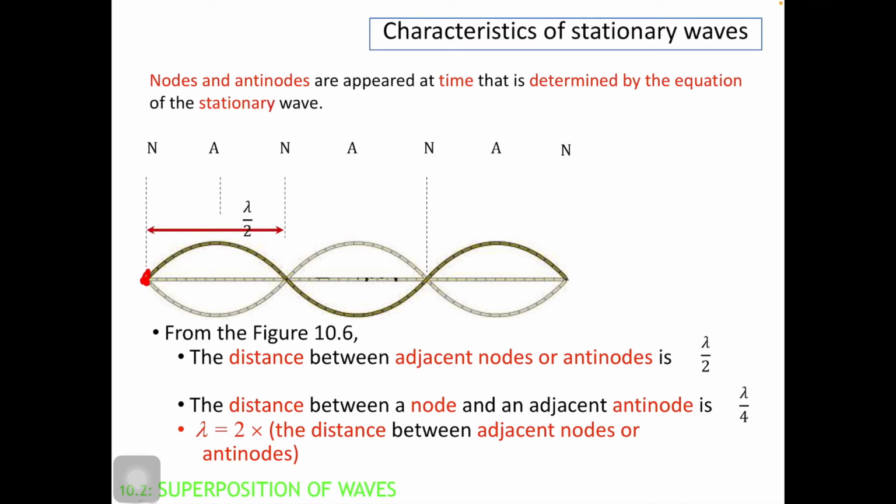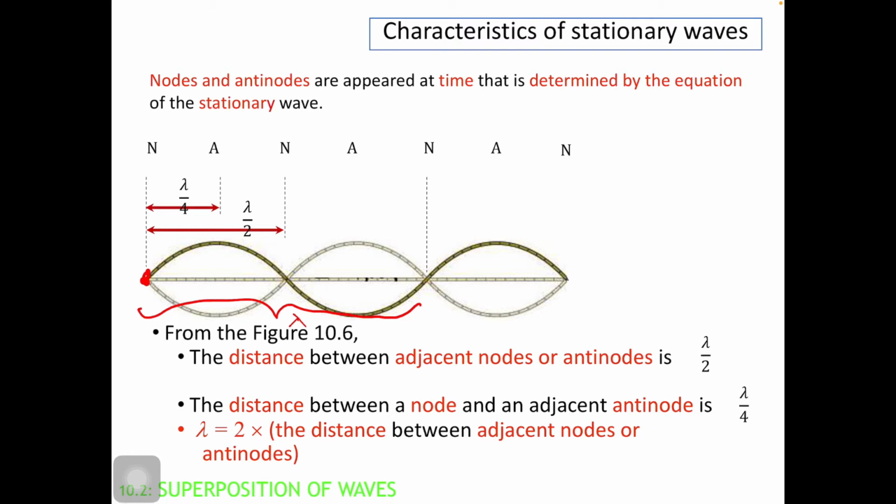So you can see node dengan next node, distance adalah lambda over 2. So here ni akan jadi lambda. Okay, the distance between node and adjacent antinode, maksudnya node dengan next to antinode, the distance will be lambda over 4. Okay, untuk dapat lambda equal to 2 times the distance between adjacent nodes or antinodes.